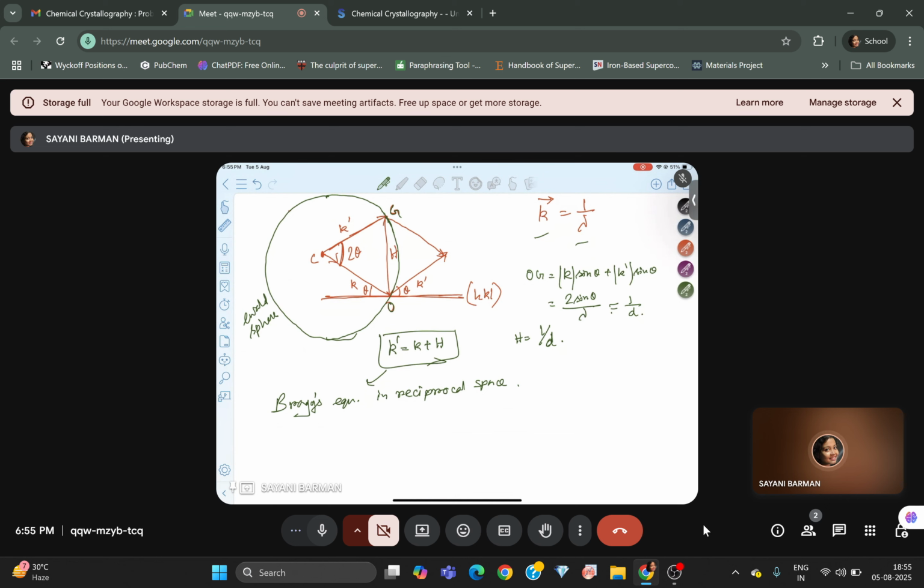Now, coming to the scattering of X-rays by atoms. Atoms diffract or scatter X-rays because an incident X-ray beam, which can be described as an electromagnetic wave, comes with an oscillating electric field and sets each electron in that atom into vibration.